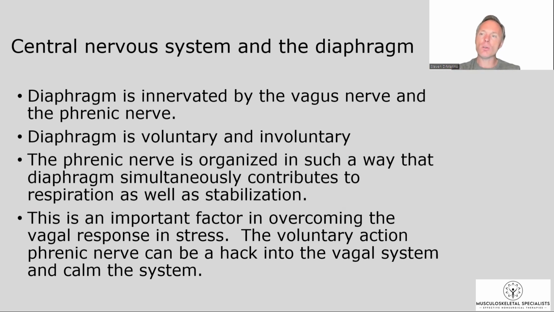And so because the diaphragm is voluntary and involuntary, you can voluntarily control your diaphragm and slow that breath down by doing some kind of conscious breathing activity. And because you're consciously controlling the diaphragm, you can hack into, like a computer worm, all the other systems and start getting control of those. Okay. And so you can calm the system by using the phrenic nerve.